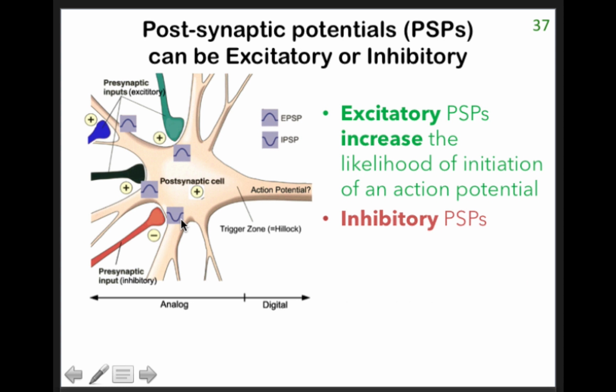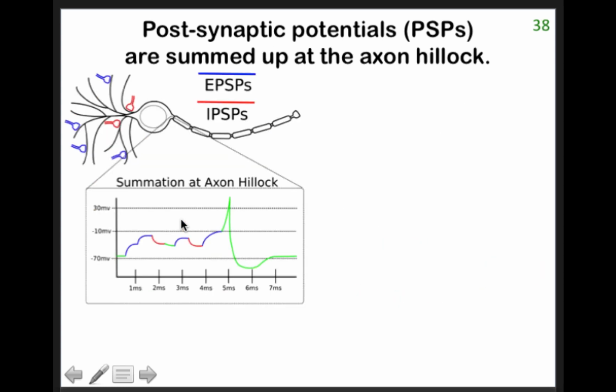When you have a bunch of excitatory and inhibitory signals coming into this neuron, synapsing with the dendrites and the cell body, and you measure the membrane potential at the axon hillock, you'll find that the membrane potential keeps bumping up and bumping down depending on what signals are coming in and from which neurons.